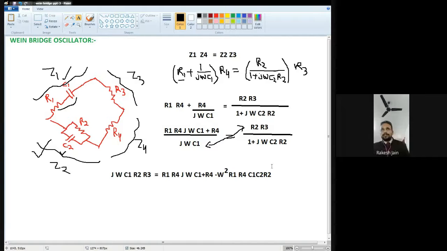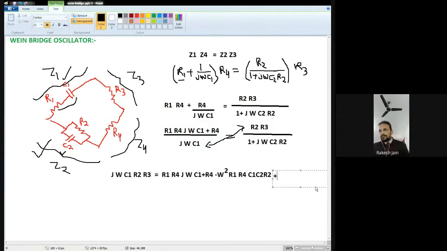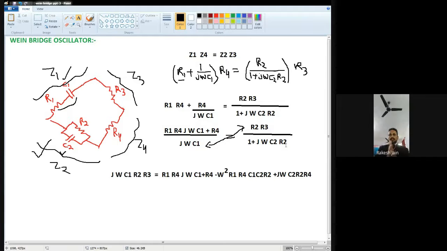Now see the other part with R4 also: j omega C2 R2 R4. Okay. So now this is the total term which we find out from the cross multiplication.